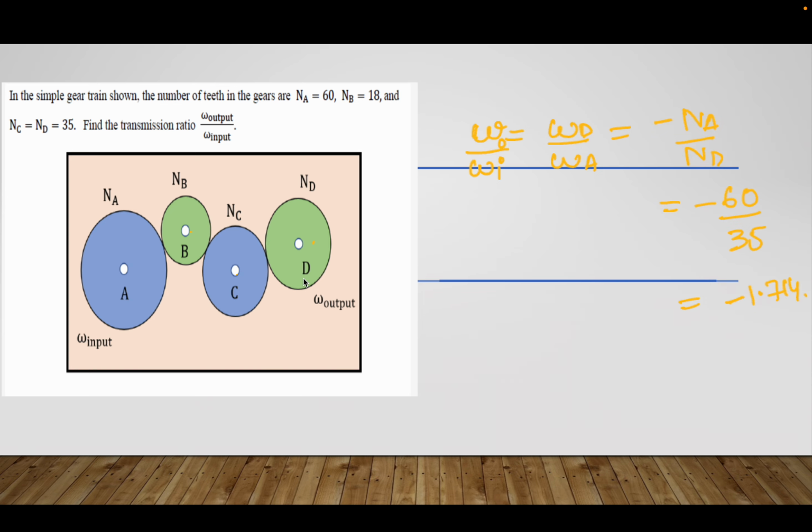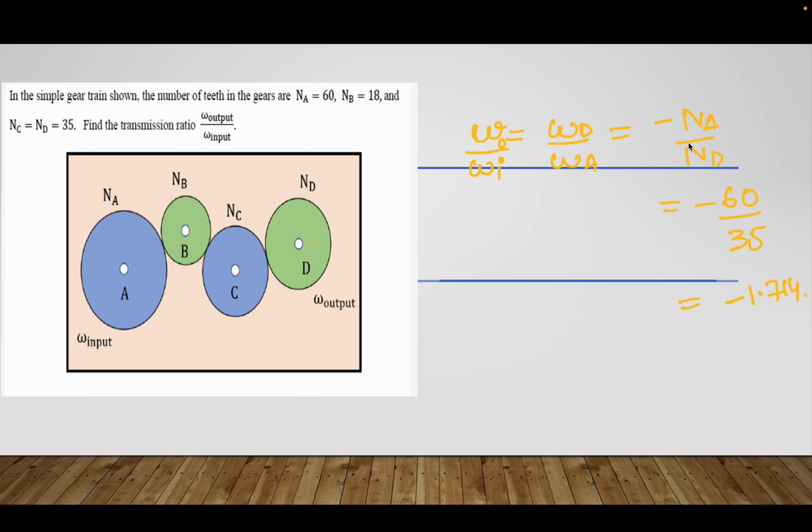For the transmission ratio, we know that this is a simple gear train, so omega output, which is omega D, upon omega input, which is omega A, will be equal to the number of teeth of A upon the number of teeth of D, with a minus sign, because omega input and omega output are in opposite directions.